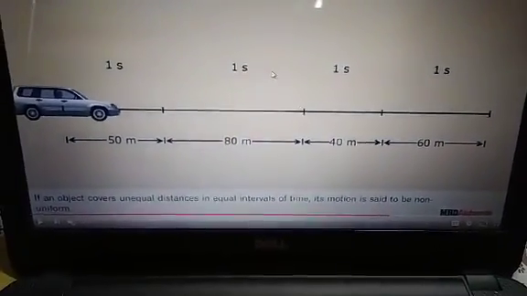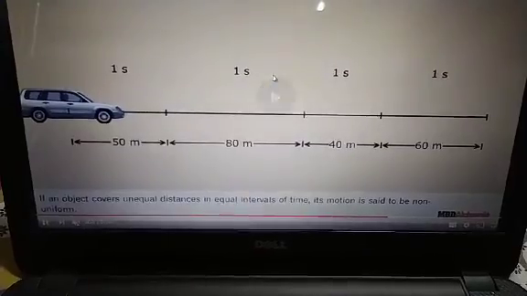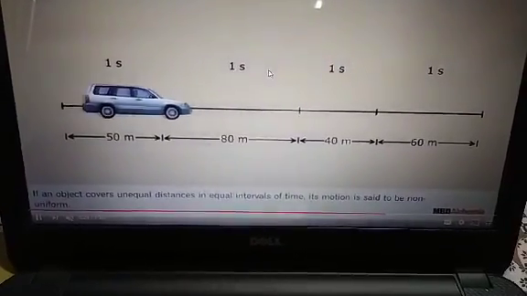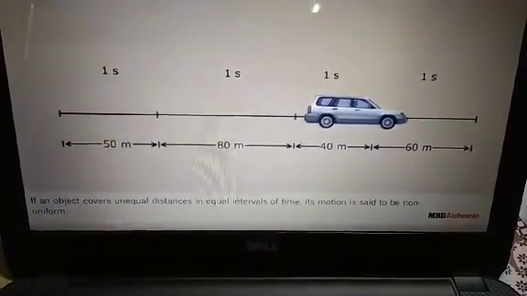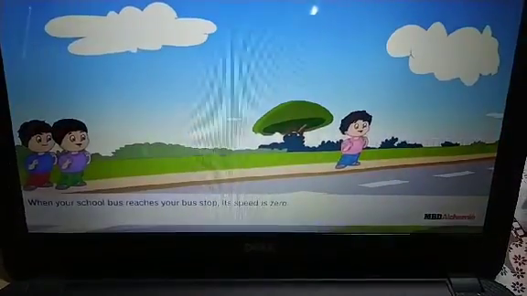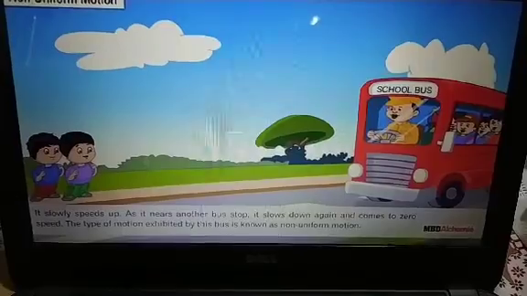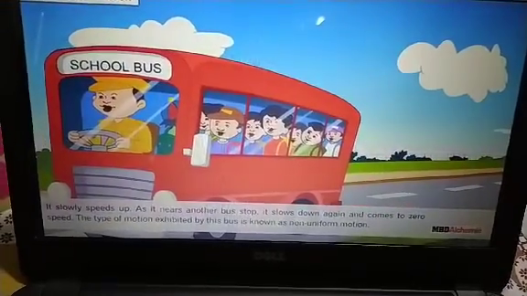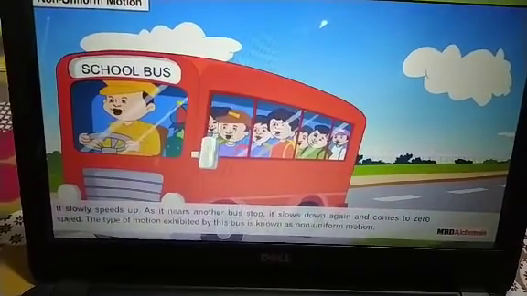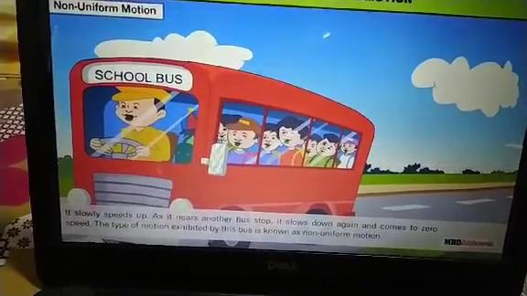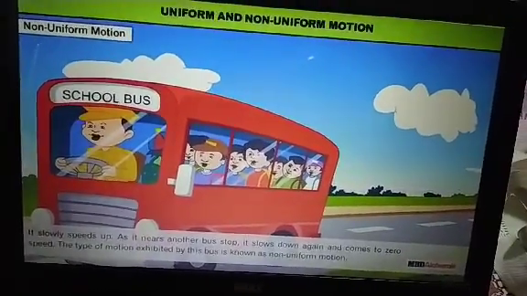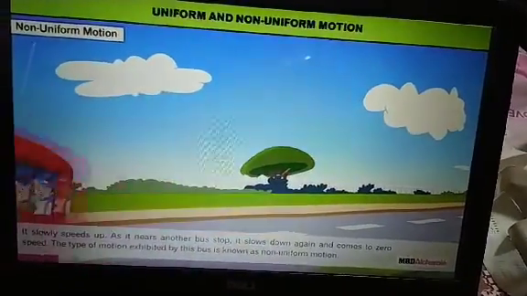So it can be written as, if an object covers unequal distances in equal intervals of time, its motion is said to be non-uniform. Let us look at this example. This bus is coming to the stop, again increasing and decreasing the speeds. So this is an example of the non-uniform motion.